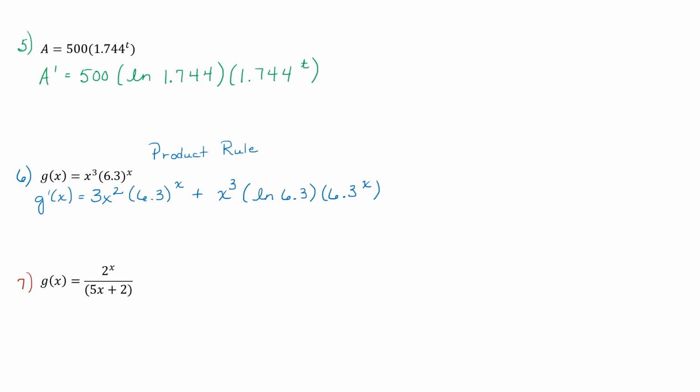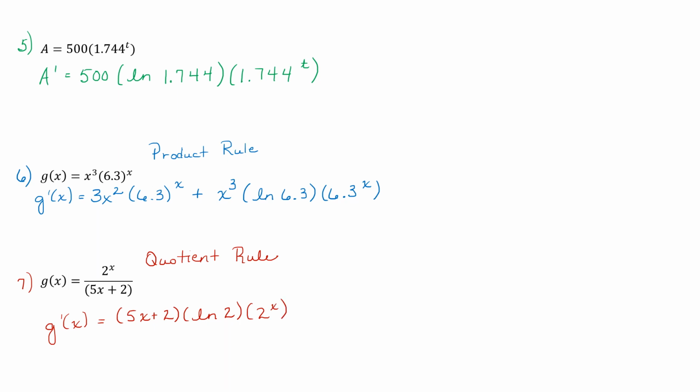Here is a nice one where we have to remember our quotient rule. They never go away. So it's low d high. So the derivative of 2 to the x is going to be the natural log of 2 times 2 to the x.